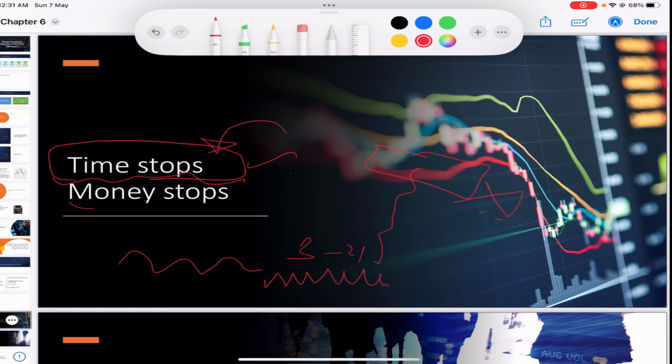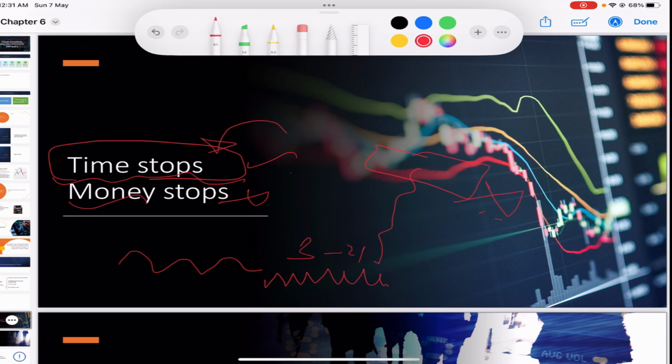Now the second thing is a money stop, which I personally don't think you should do. You need to choose a position size which is good for your risk, but a money stop is not good. The stop loss should always be based on your price action level. It shouldn't be based on the fact that today I'm investing 100 rupees, and the moment the loss becomes 20 I will just exit. That is not a logical and good way.